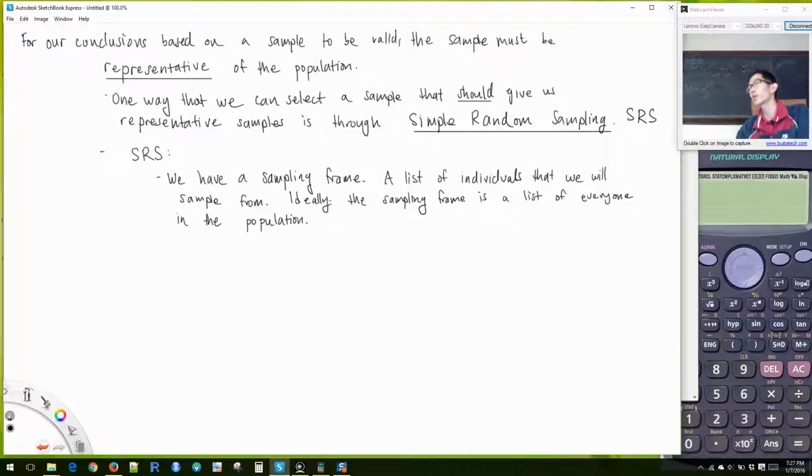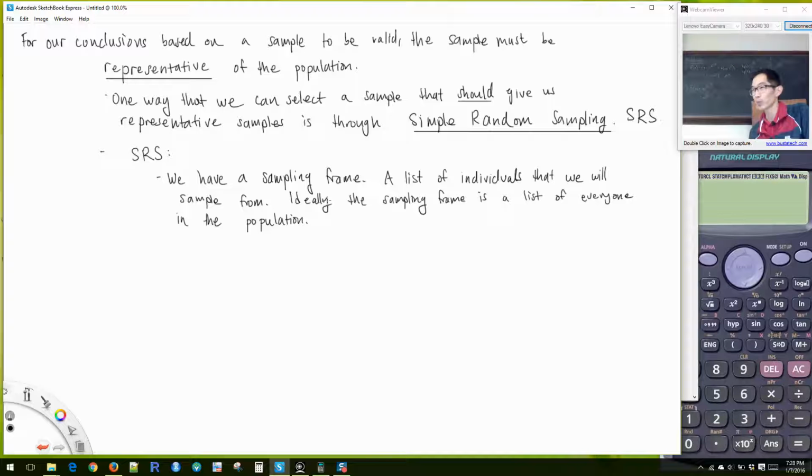Anytime you have a population that's bigger than just one institution, let's say you just want to do Los Angeles County, or even the city of Los Angeles, or even a smaller city, it's very difficult to get a list of every single person in that city, because not everyone has a permanent address.